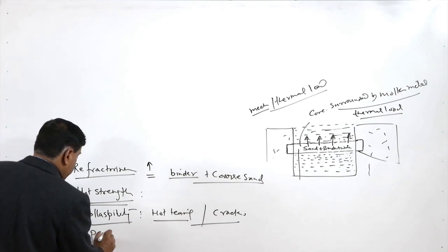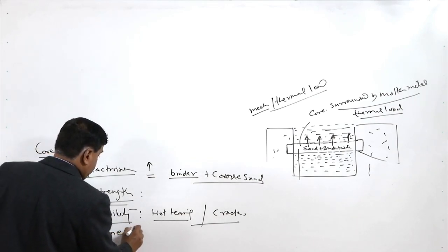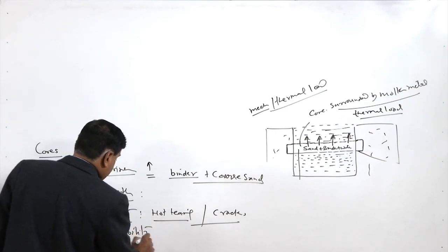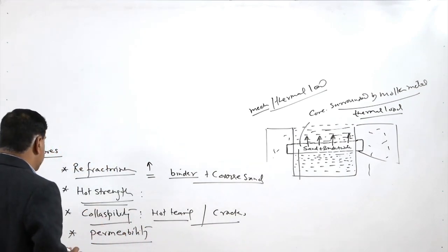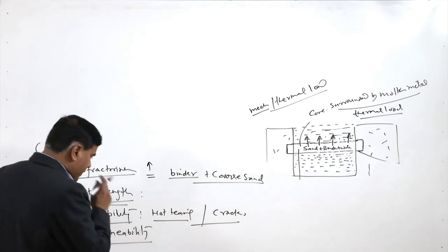Then permeability is another important property required in the core sand material which is used for making the core.